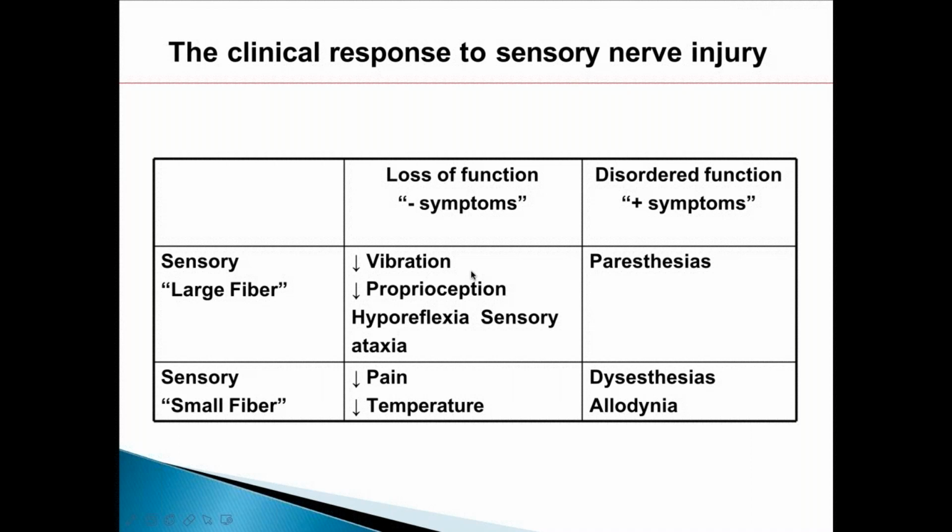So what are the negative symptoms? Decreased touch, decreased proprioception, and loss of reflexes, or reflexes might become sluggish. So in case of sensory ataxias, this is a constellation of large fiber symptoms. In the same way, the presence of paresthesias is a presence of positive symptoms involving the sensory large fibers.